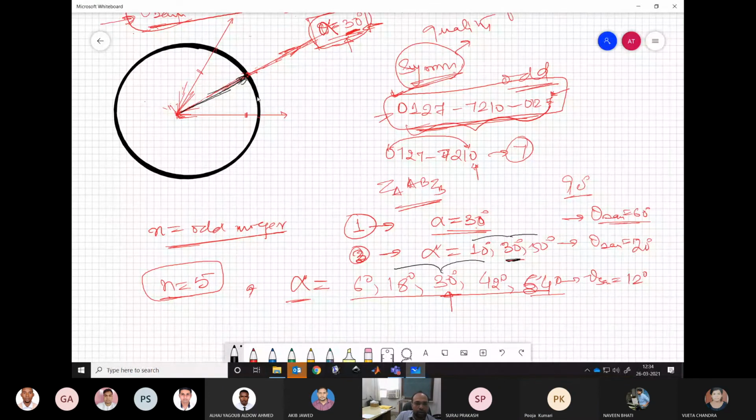You can have 2 more samples on this side and 2 more samples on this side for n equal to 5. So first you come 12 degrees from the middle, then another 12 degrees. Your first sample comes at 6 degree, the next sample at 18 degree, and then you have 30 degree.